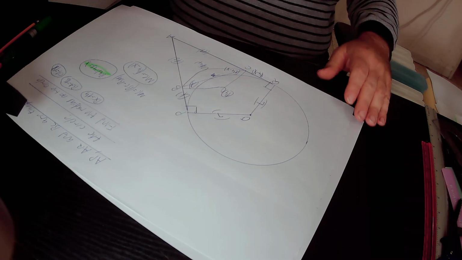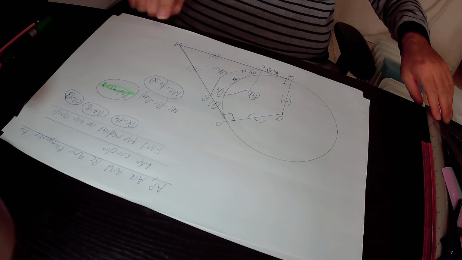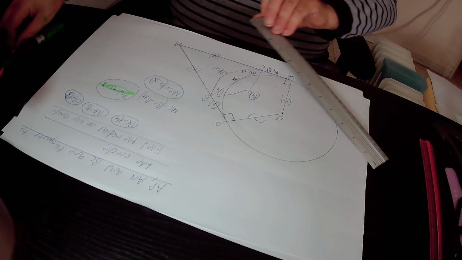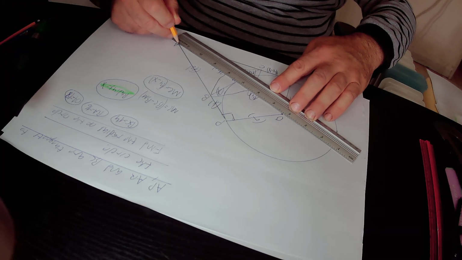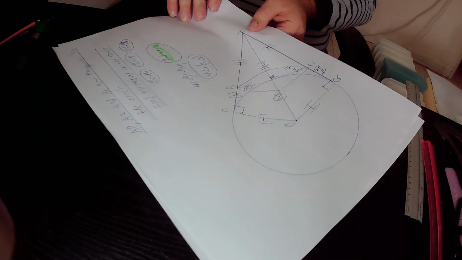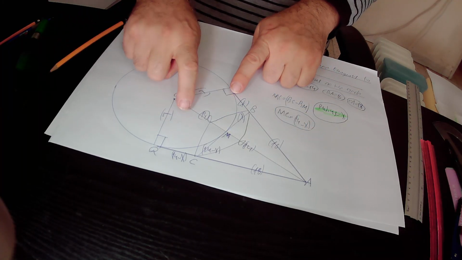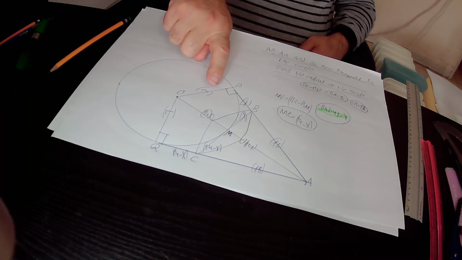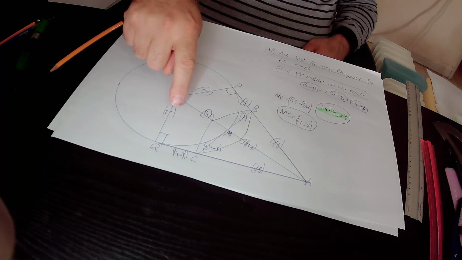In the next step, we will join points A and O together by a straight line. By joining points A and O, we can deduce those two right triangles. This is the upper right triangle APO, and this is the lower right triangle OQA.